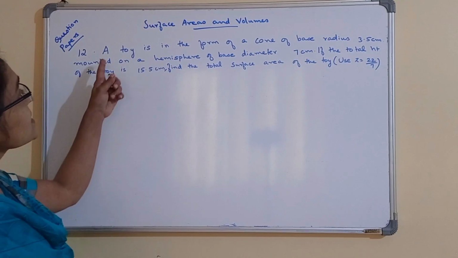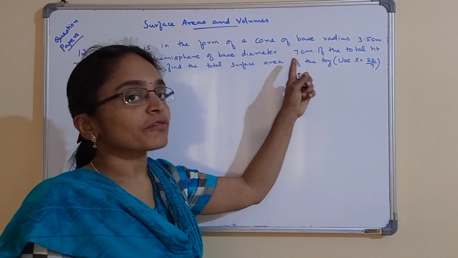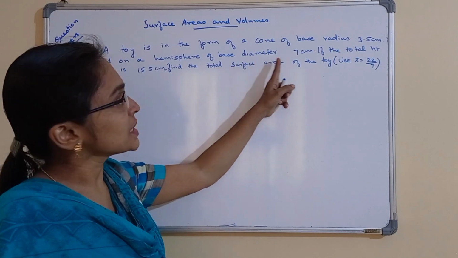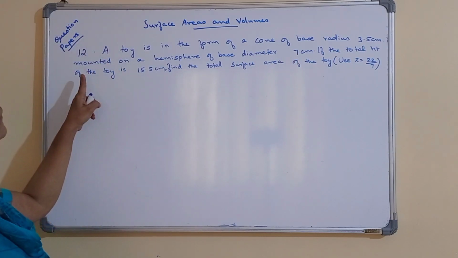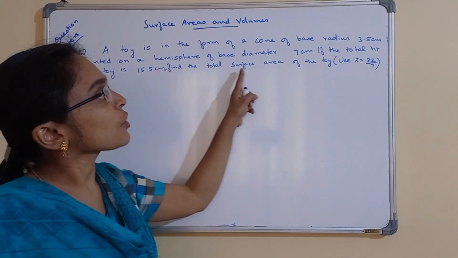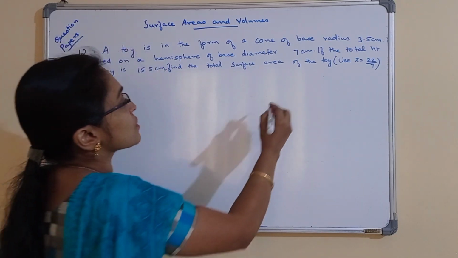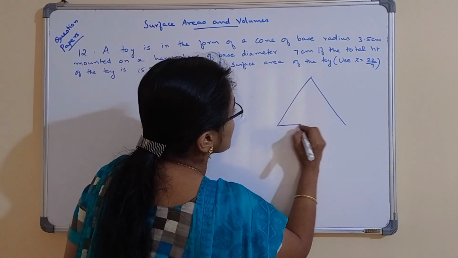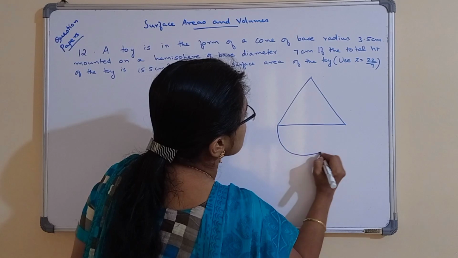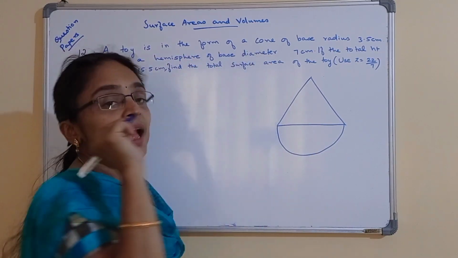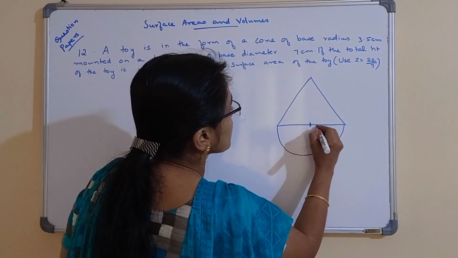Now the 12th question is, a toy is in the form of a cone of base radius 3.5 cm mounted on a hemisphere of base diameter 7 cm. If the total height of the toy is 15.5 cm, find the total surface area of the toy. So a cone is mounted on a hemisphere, and given that the cone has base radius 3.5 centimeter.